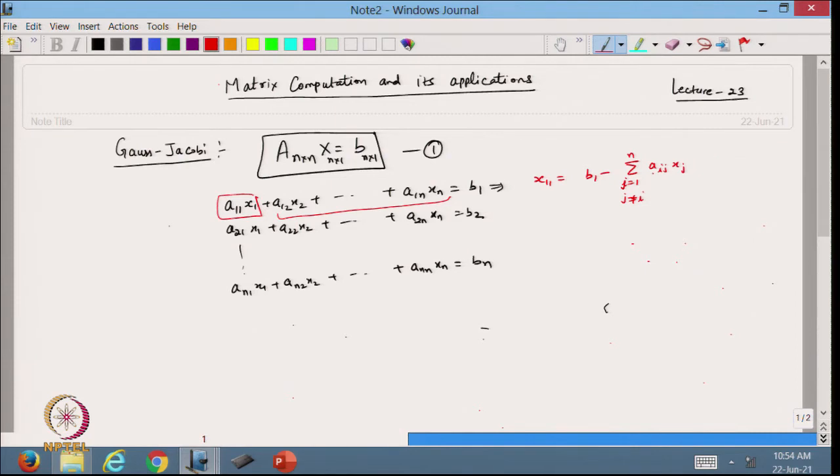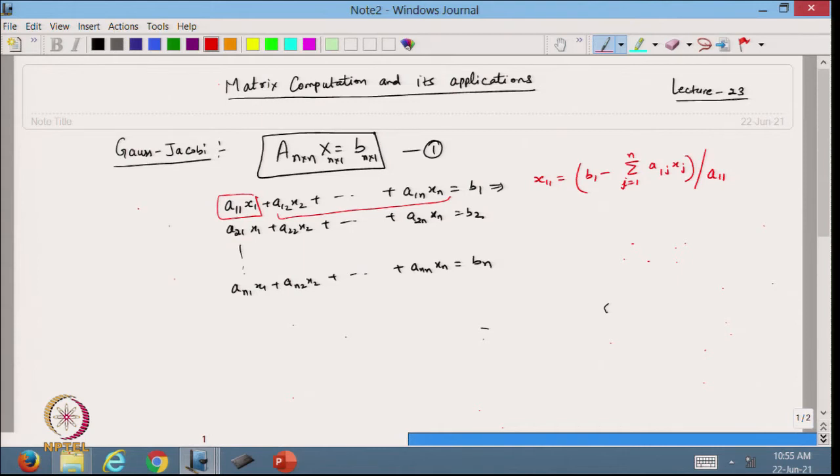So, I write the summation of a1j xj and then divide by a11.